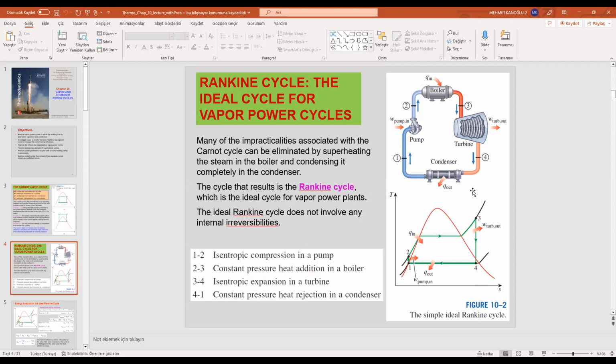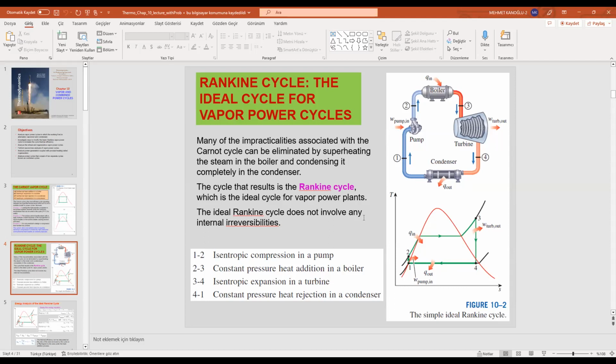If we use lake water, for example, lake water enters through this condenser, which is a heat exchanger, and heat is transferred from the steam to the lake water. And the steam condenses here in the condenser at constant temperature and pressure until it leaves the condenser ideally at saturated liquid state. And this completes the cycle operation.